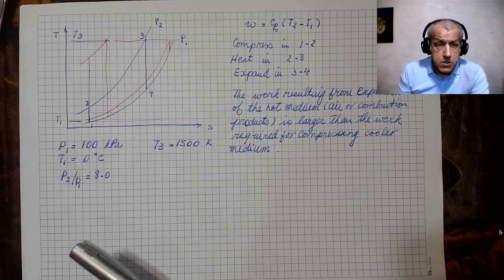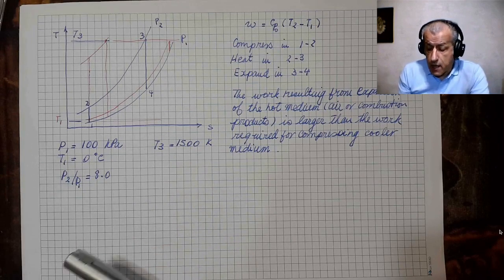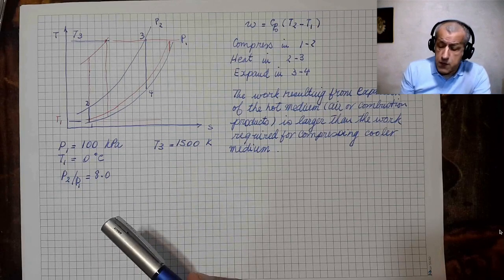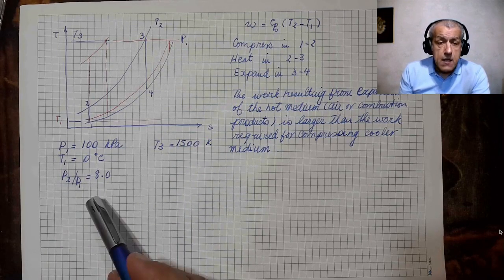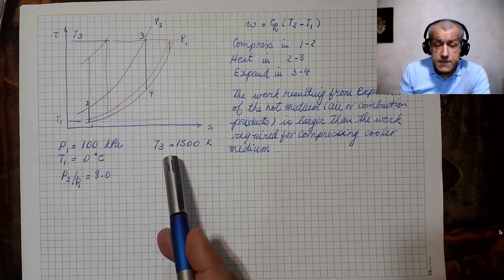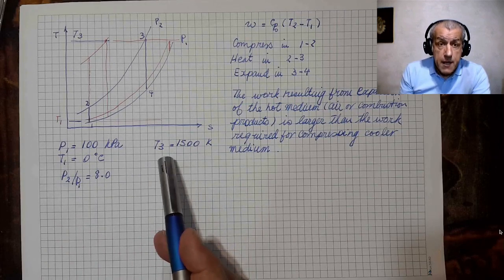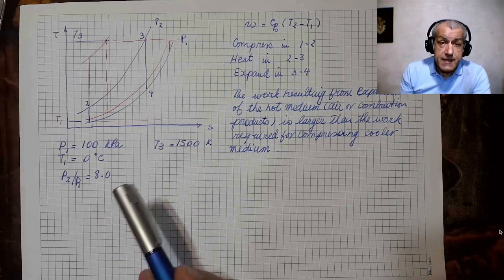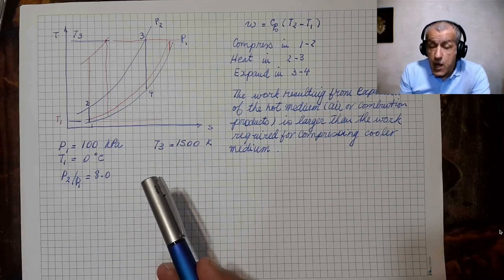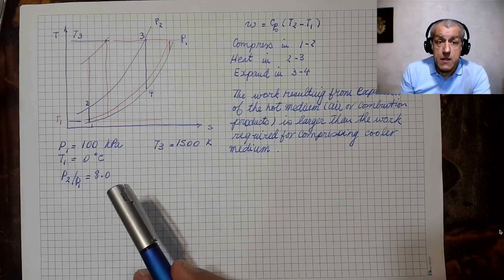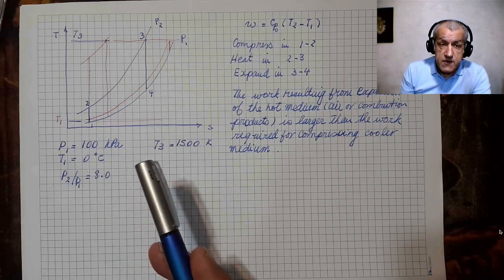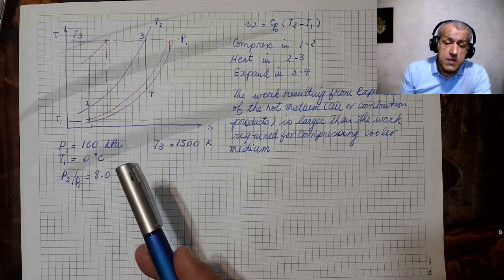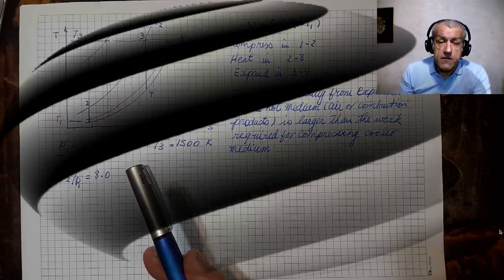The pressure ratio could easily be around 20 or 23 for that T3 temperature. So this is a lower pressure ratio, this is a high temperature. We don't expect to get maximum work from the configuration that we see. A larger pressure ratio could well give us more work.